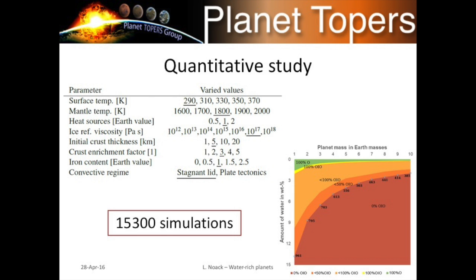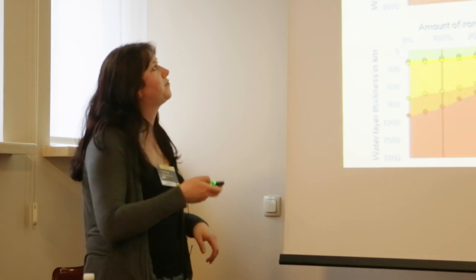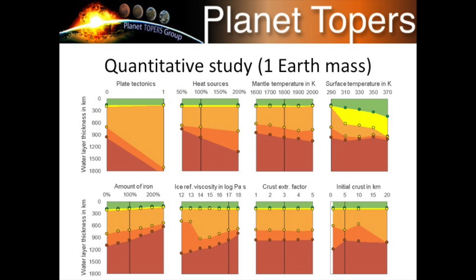I'm not showing you all the simulation results now. I will just show you one slide for the case of one Earth mass, where we show the variation of the different factors plotted over the water layer thickness. It's always going from 0 kilometers to 1,800 kilometers. It shows how the different regimes that I showed you before depend on the parameters.